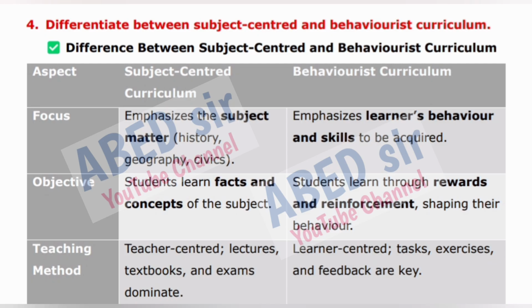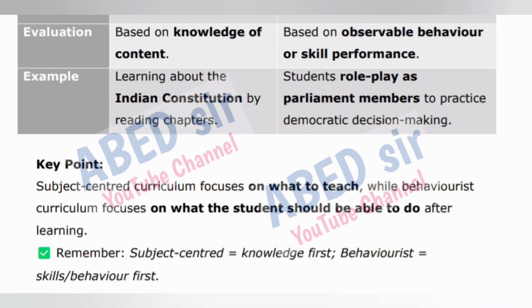Teaching method: teacher-centered, lectures, textbooks, and exams dominate. Learner-centered, tasks, exercises, and feedback are key. Evaluation based on knowledge of content. Based on observable behavior or skill performance. Example: learning about the Indian Constitution by reading chapters.